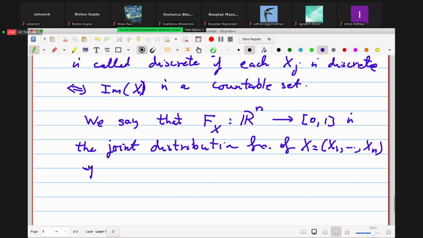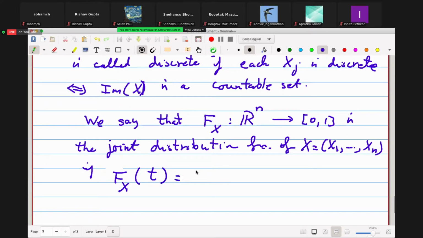I could have said that Fx is defined by the following thing, but let me write that. Fx of t, now I'm going to write t, but it should be understood that t is a vector. Okay, t comes from R^n.